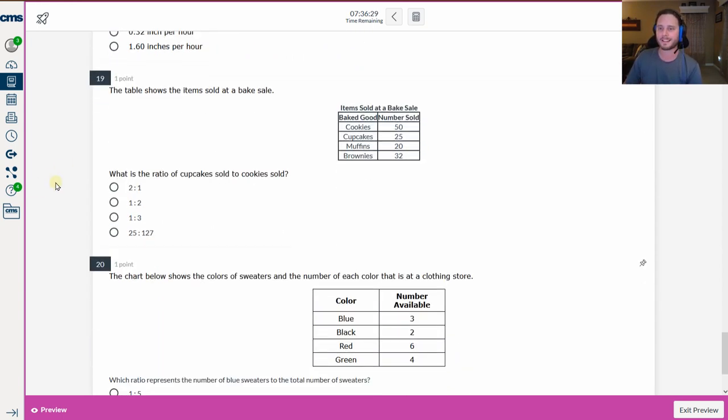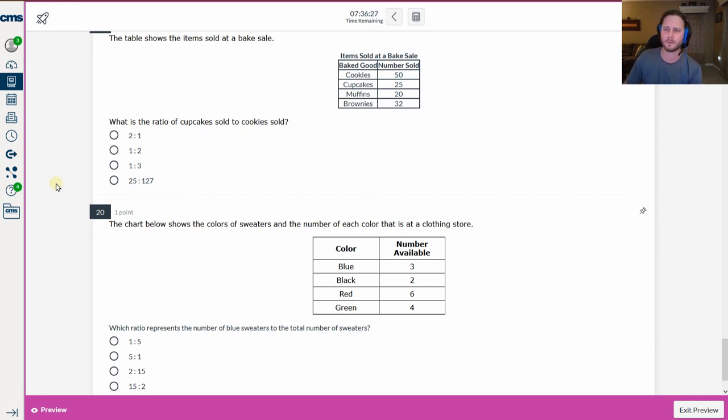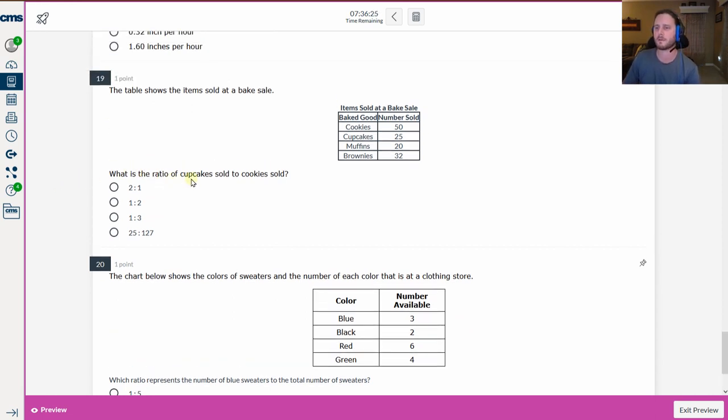For number 19, it switched back to ratios here. What is the ratio of cupcakes sold to cookies sold? So, cupcakes, there were 25 of them. To cookies, there were 50. Well, 25 to 50 is not an answer choice, so we would have to simplify. Now, 25 and 50 are both divisible by 5.